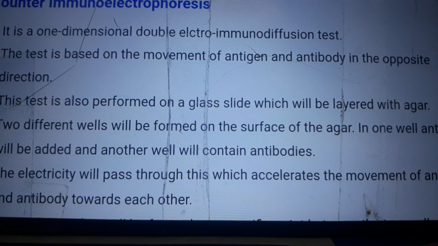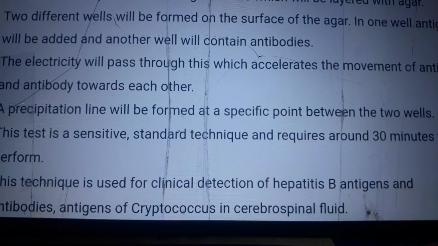Counter immunoelectrophoresis. It is a one-dimensional double electroimmunodiffusion test. The test is based on the movement of antigen and antibody in opposite directions. This test is also performed on a glass slide which will be layered with agar. Two different wells will be formed on the surface of the agar. In one well, antigen will be added and the other well will contain antibodies.